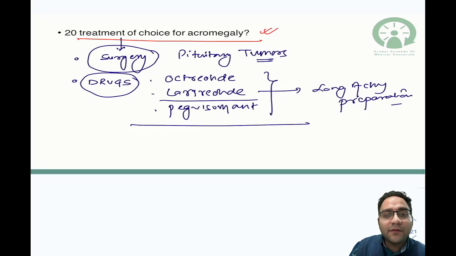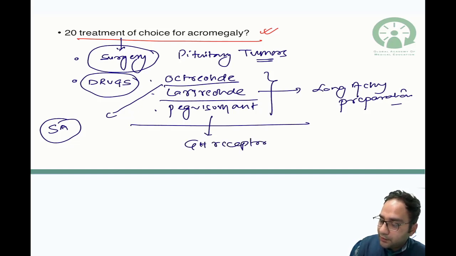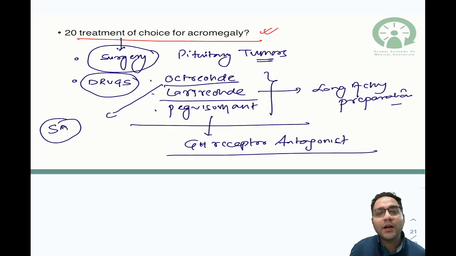The mechanism differs for all the drugs I have mentioned. Octreotide is mostly short-acting, whereas lanreotide is a longer-acting drug, so you give the depot preparation of these drugs, whereas pegvisomant is a GH receptor antagonist. So if you are asked the first line treatment or the treatment of choice for acromegaly, the answer is surgery. Okay.